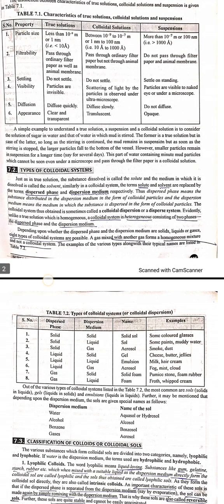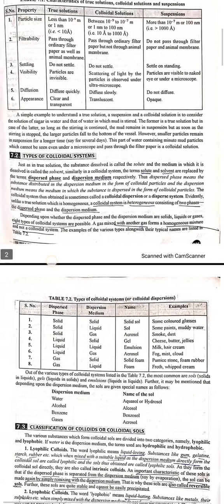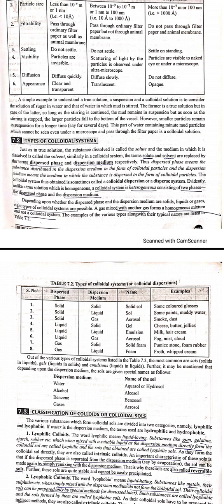However, smaller particles remain in suspension for longer time, say for several days. Then this part of water containing minute mud particles which cannot be seen even under a microscope and pass through the filter paper is a colloidal solution.